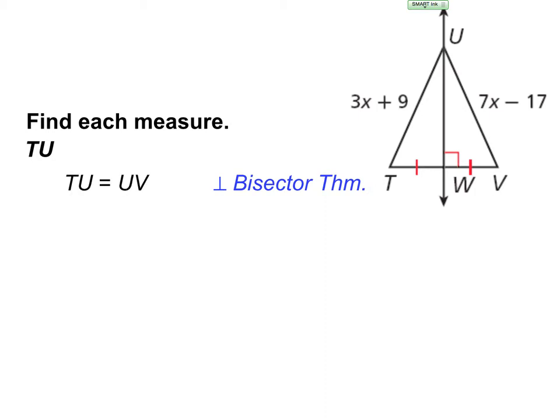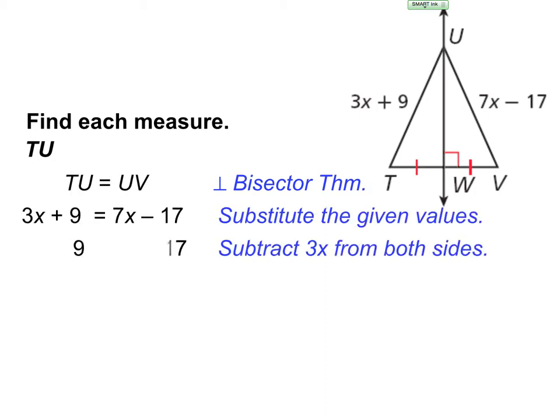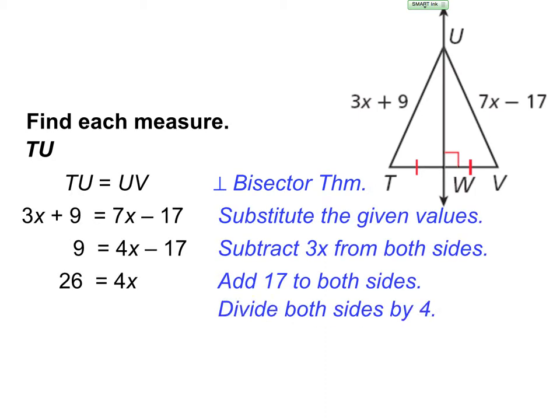Those equal each other, correct. And then in the end, we're not going to stop once we found X. We're going to have to substitute in to find TU. So substitute in 3 times 6.5 plus 9, 28.5. If you want to check to make sure you did the problem right, substitute it into UV and make sure that you get the same value for that.